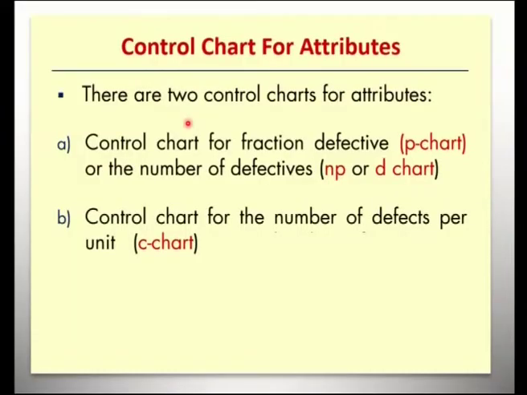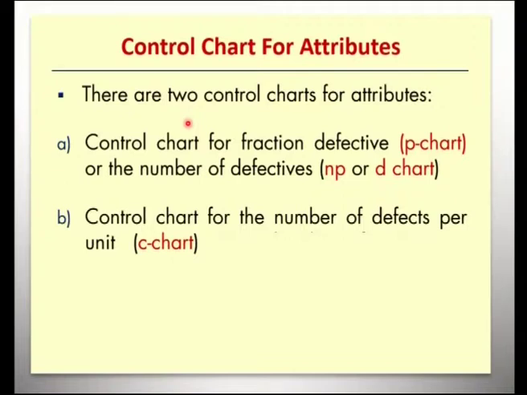Now, there are two control charts for attributes: control chart for fraction defective, the P chart, or the number of defectives, the NP or D chart. Next, control chart for the number of defects per unit, the C chart.